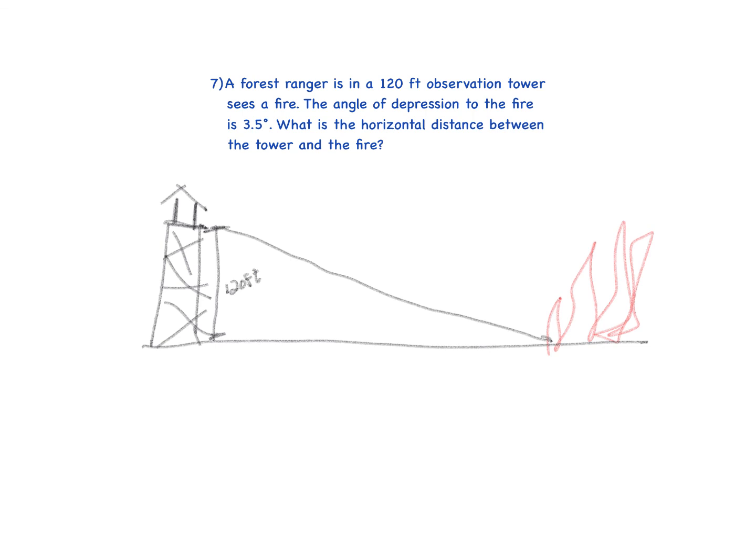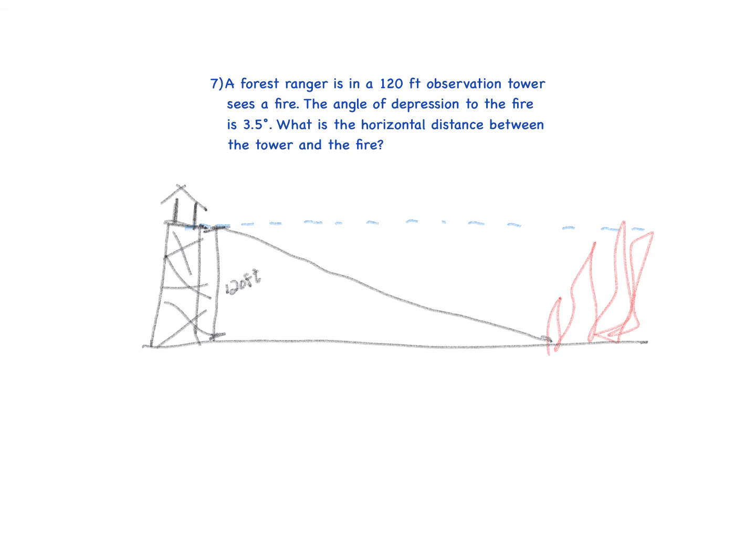Keeping in mind what you know about an angle of depression, where is that angle? Take a minute, complete the picture, and label that angle 3.5 degrees. So turn off the video and then come back. Remember, angles of depression are always formed from the horizontal.